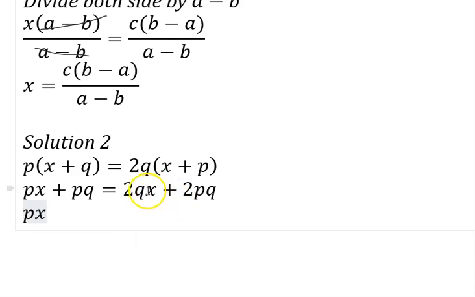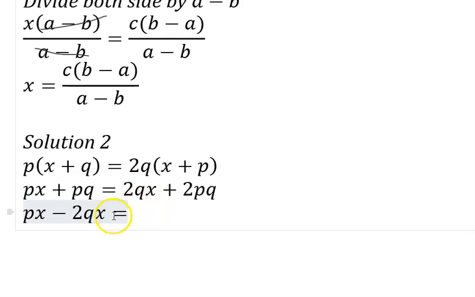This one also has X. This one has X, so let's bring it here. Don't forget, the moment it crosses this equality sign, the sign will change, because the sign that is here is what? Plus. So the moment it crosses this equality sign, coming to this side, the sign will change to what? Minus. So you now have minus 2QX. Awesome. They are just collecting like terms.